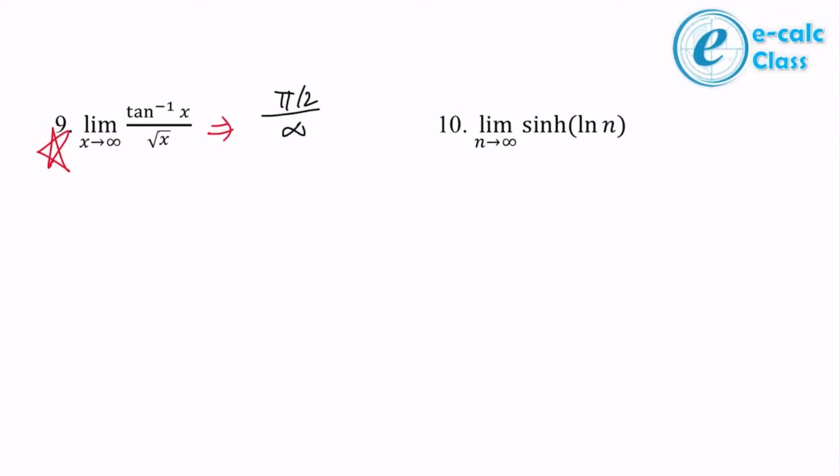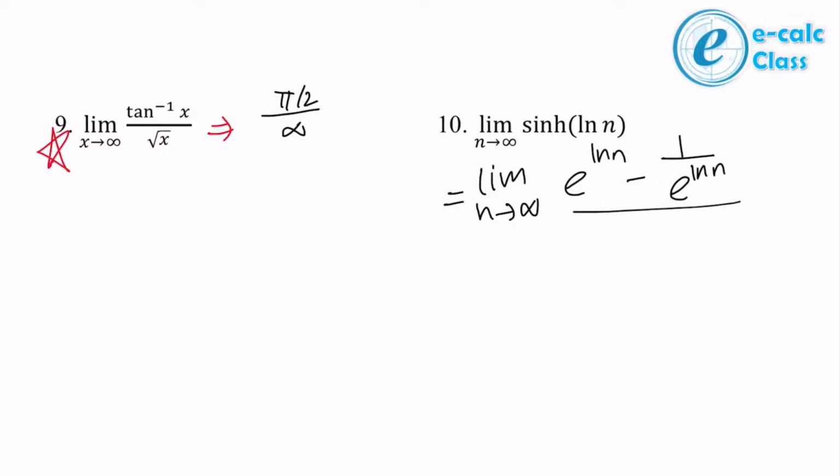Okay, next, number 10, the limit of sinh of ln n as n approaches infinity. A simple way of doing this is to use the definition of sinh, which is e to the ln n minus 1 over e to the ln n, all over 2.